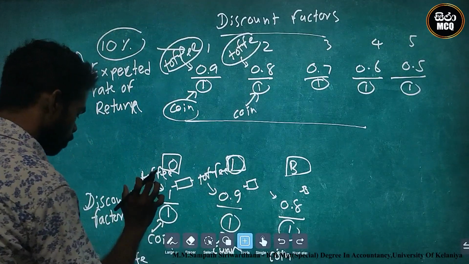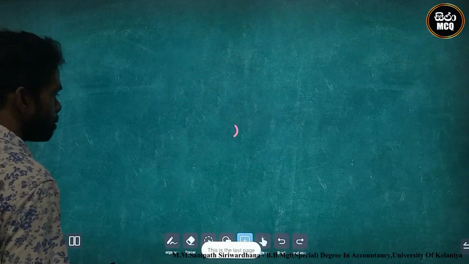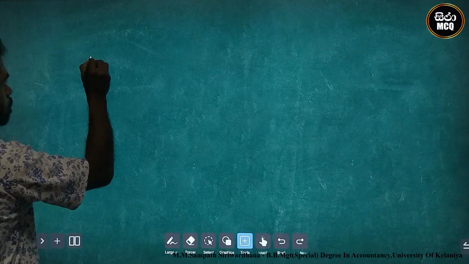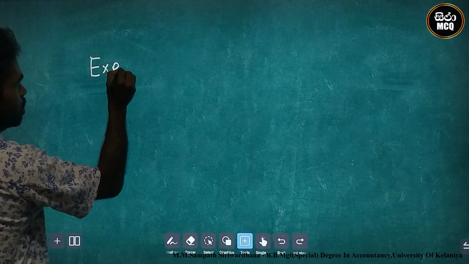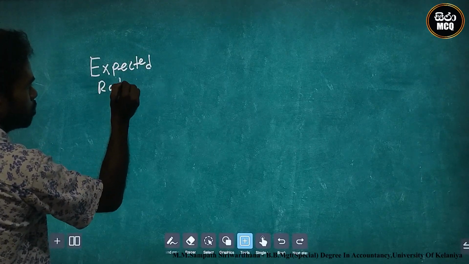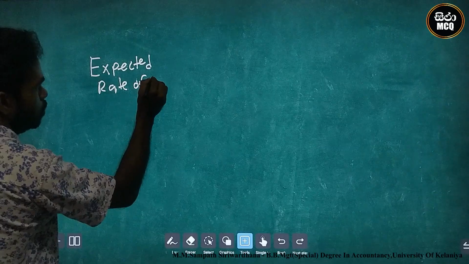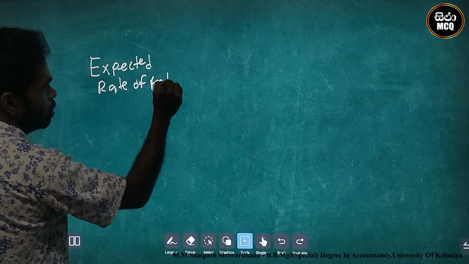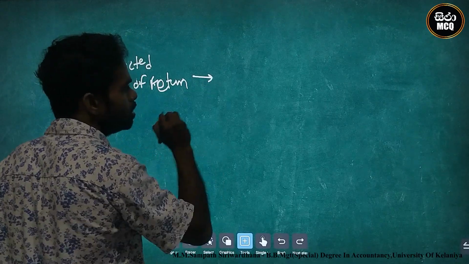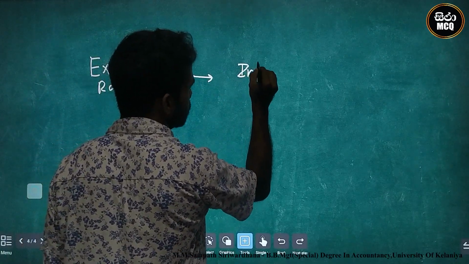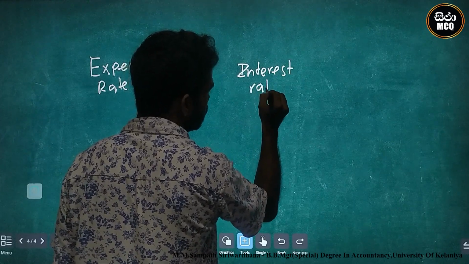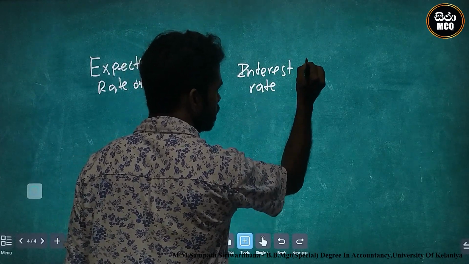Look here, I will show you again. This is the expected rate of return. Expected rate of return meaning is interest rate. The interest rate is increasing.